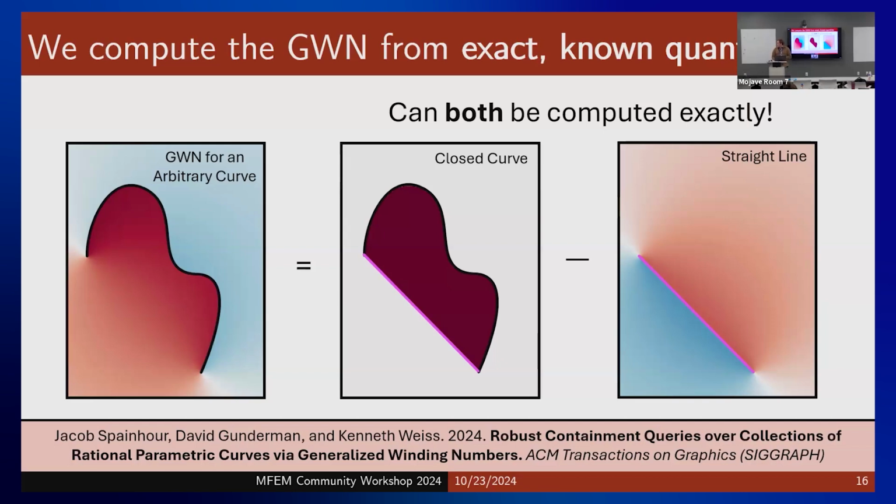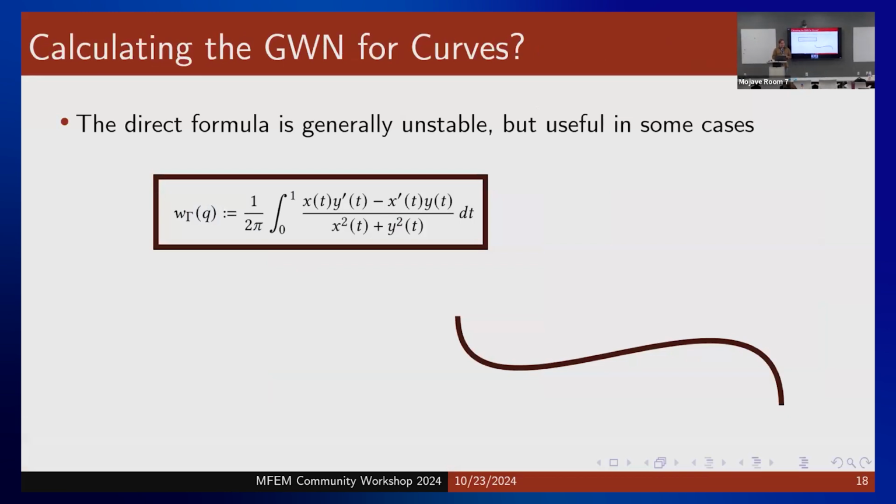Now, I want to talk about how we actually do this numerically, and I'm going to start with the easier of the two calculations, which is the winding number for this straight line. We can actually get this from that same formula from before. This time I've written it in Cartesian coordinates, so you can see a little more clearly how that non-singular or near singular behavior starts to mess with our numerical quadrature schemes.